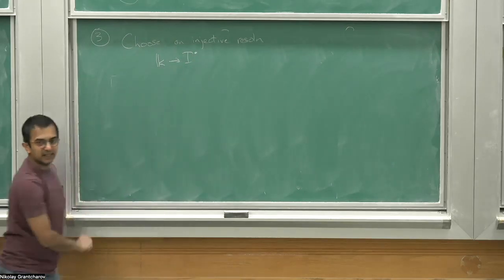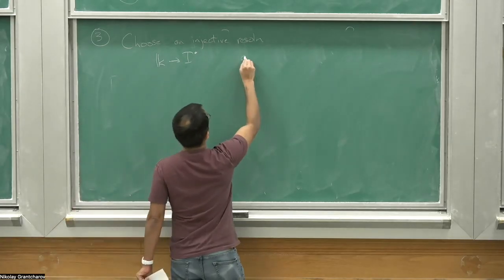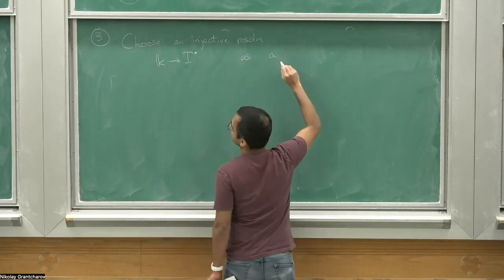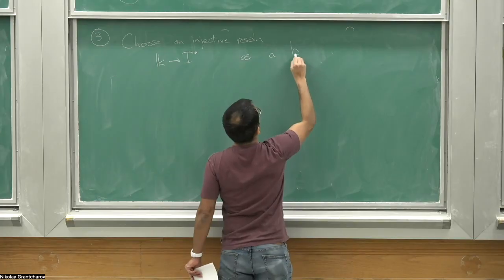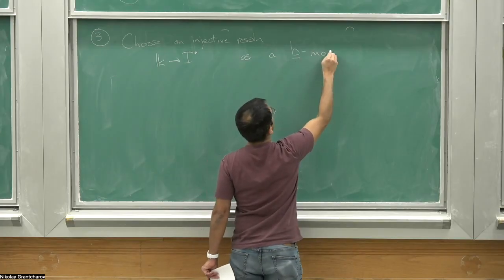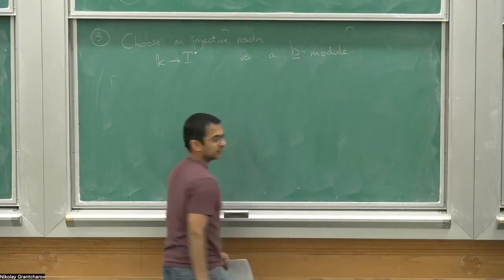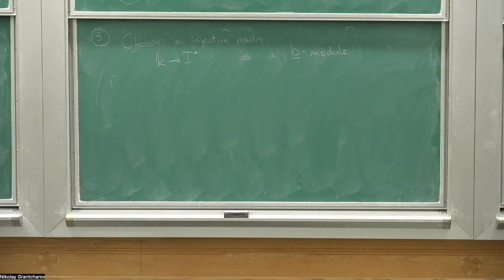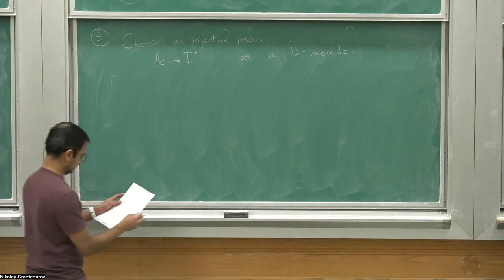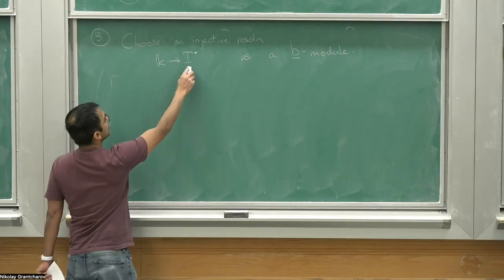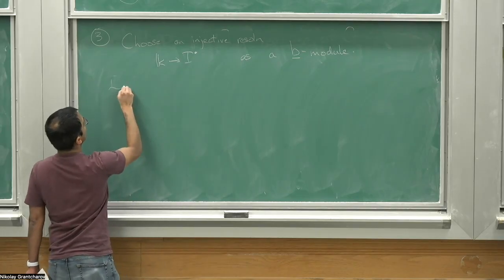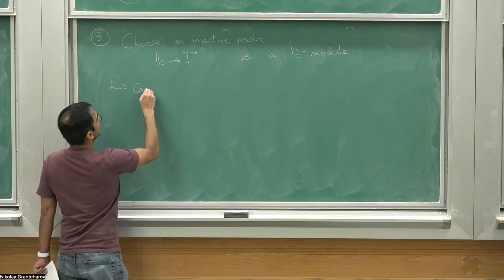So this is some chain complex of injective modules, but this is as a lowercase b underline module, so small quantum Borel or Frobenius kernel of the Borel.